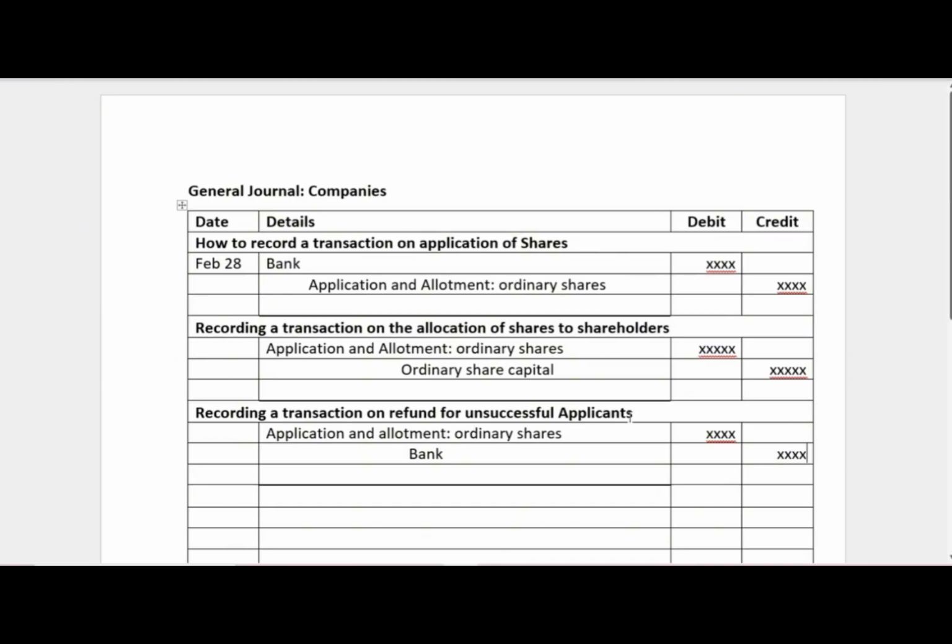And then remember, you see how I'm doing my things. If you check my bank here, it is debited, and if you check my application and allotment, it's credited. Don't make your entries make a queue, where the bank is there and then your application and allotment is right there following the bank. Your entries must not make a queue, right?